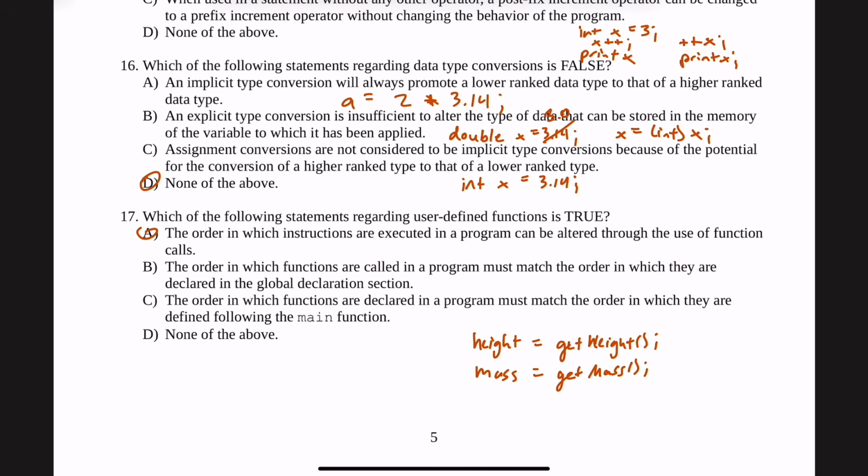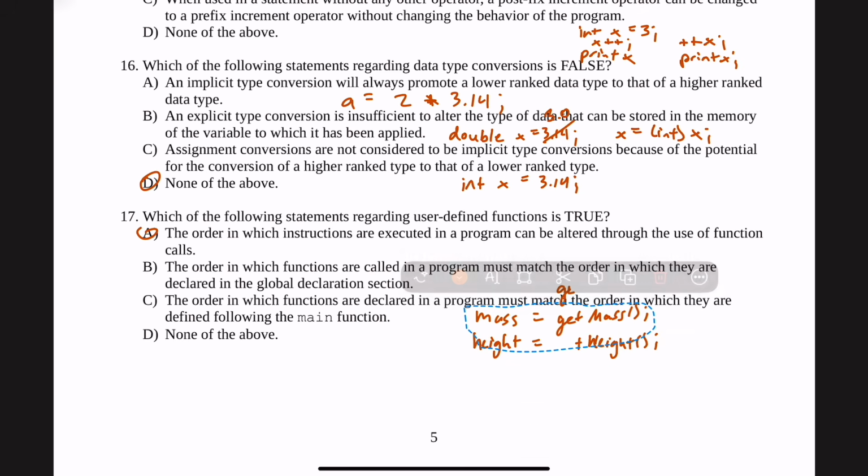If we read our code and see the expected output wants us to ask for mass first, all we have to do is swap the order of our function calls. Now we're going to see the prompt for mass first. All we did is change the order of function calls.